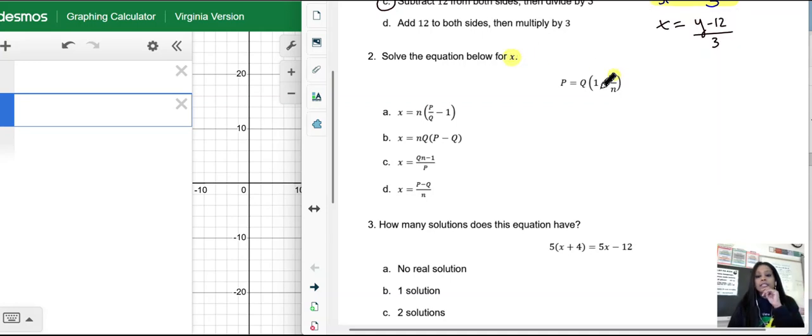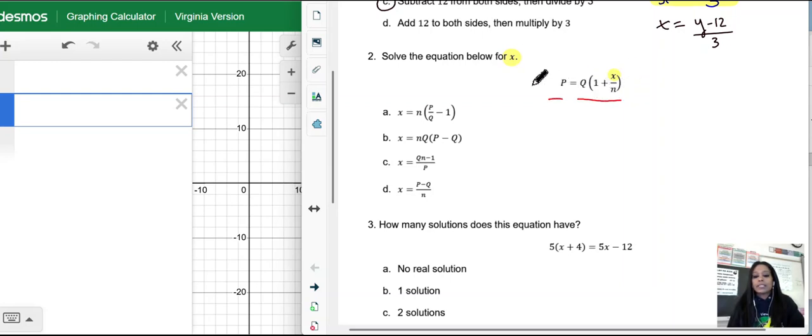Okay, so here, before I can subtract the 1, I have parentheses, which means multiplication, and the opposite of multiplication is division. And then we have the q on the outside. So this whole thing right here, 1 plus x over n, is being multiplied by q, which means to get rid of it, I need to divide both sides of the equal sign.